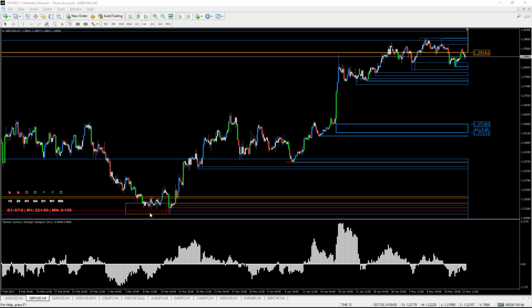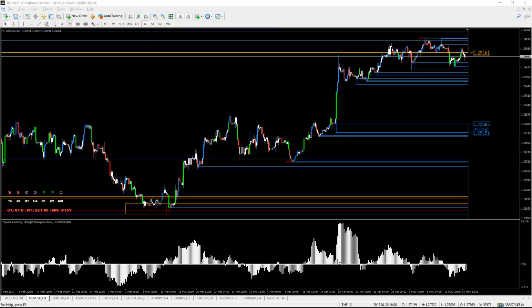Price came in here and found the edge of this monthly area of demand. We almost tested it to the pip, and then we found some big orders, and this was enough to hold price for the medium term. And price has wriggled higher ever since into this area of weekly supply here at the top.